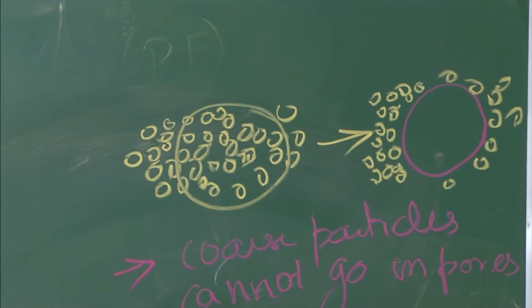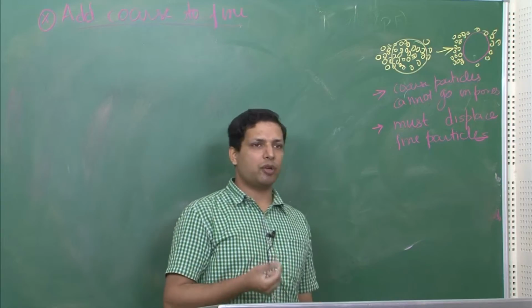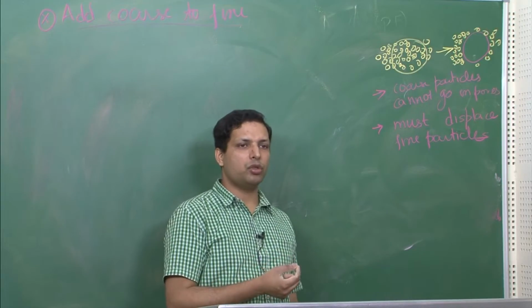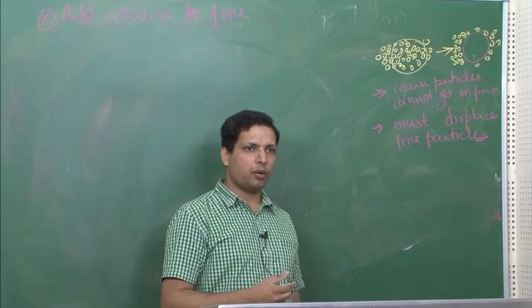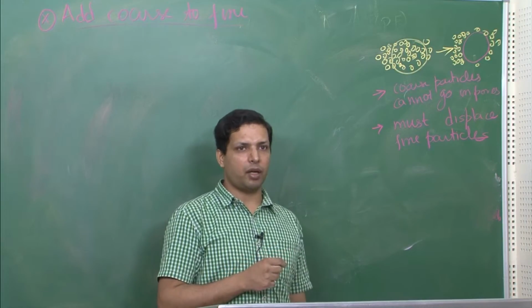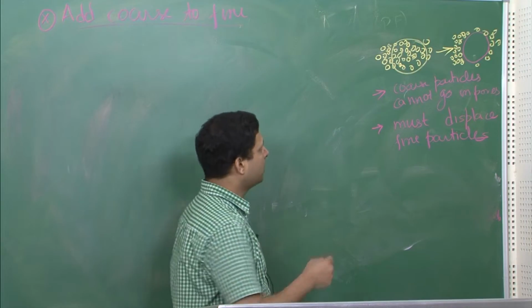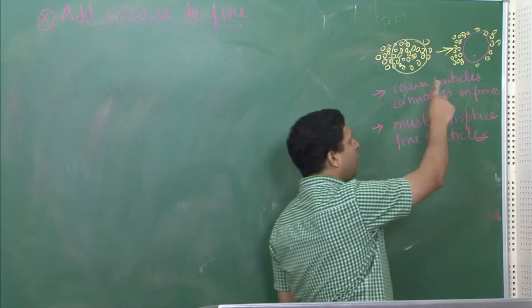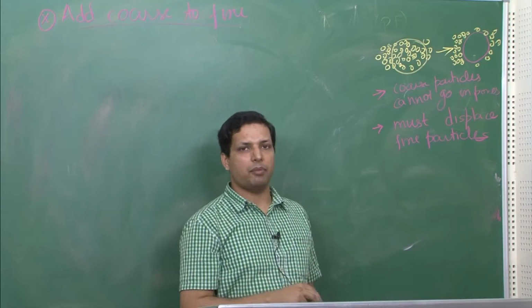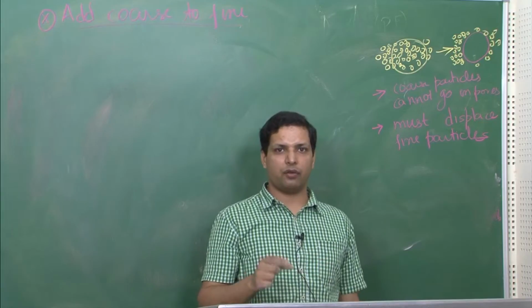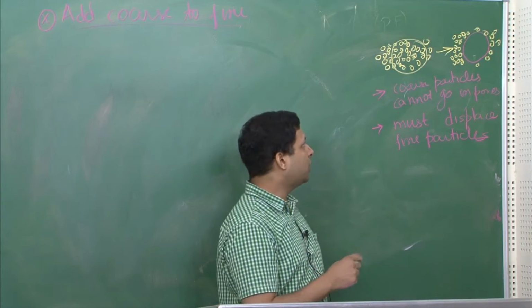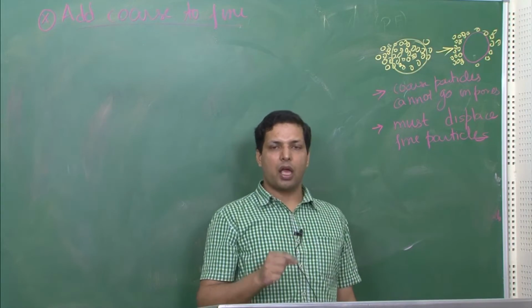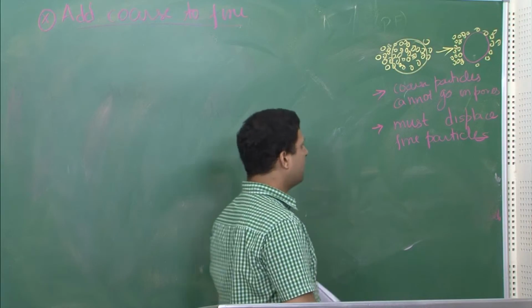Another difference here with respect to the previous case is that in the previous case we assumed that all the pores would be taken by fine particles, because the fine particles are going into the pores. But here we have a coarse particle displacing the fine particles. So we are not assuming that it will fill all the places, and therefore we will have to assume some fraction.